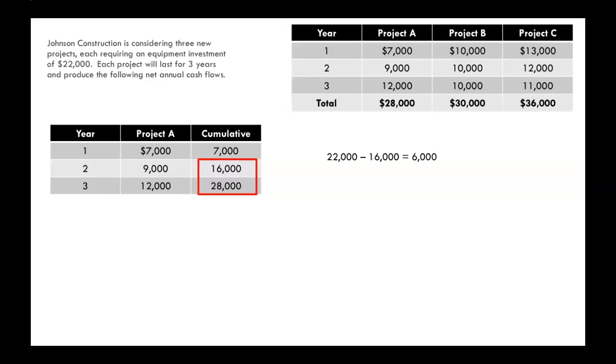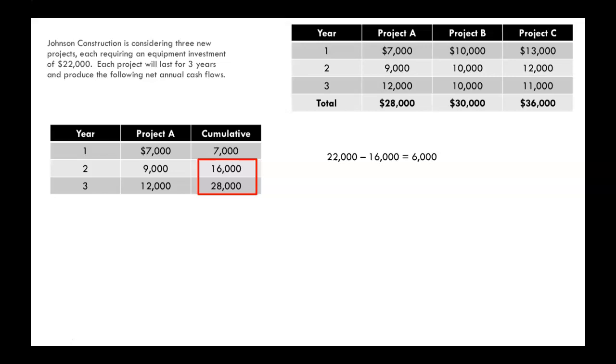What this shows us is that we need to make $6,000 in year 3 to get us up to that initial cost of the equipment. Once we make $6,000 in that 3rd year, we will have gotten our money back for the investment.